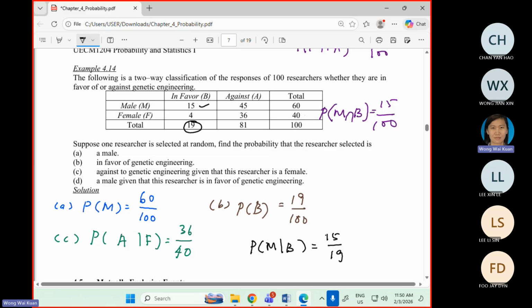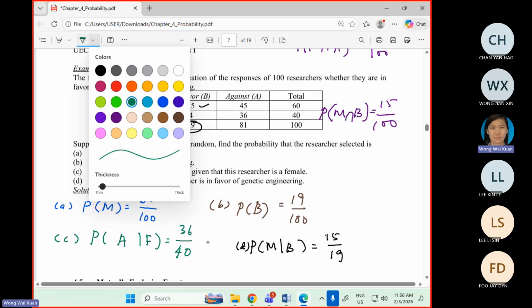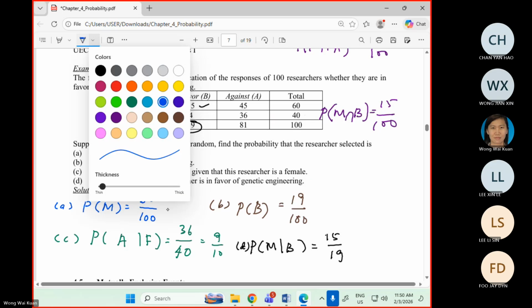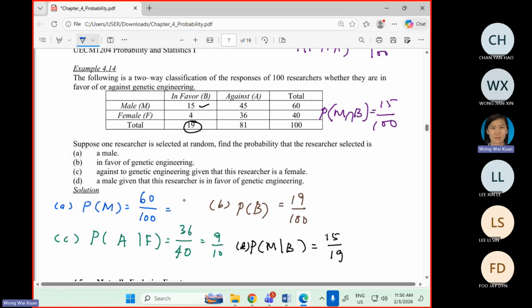Out of 19, 15 are male. Okay? Yeah, then we go back to this. This is 9/10, and this is how many? 3/5.